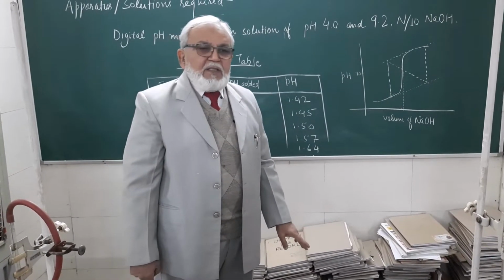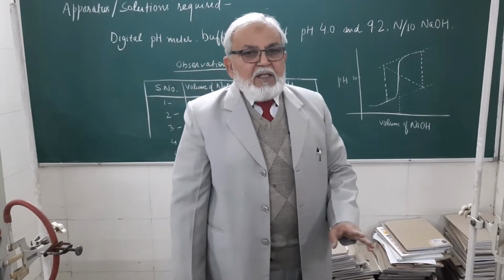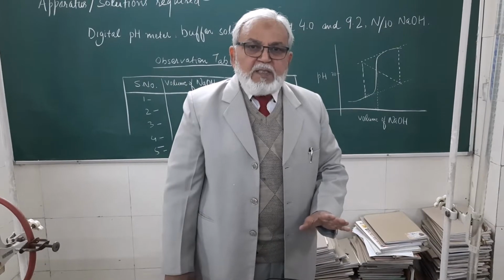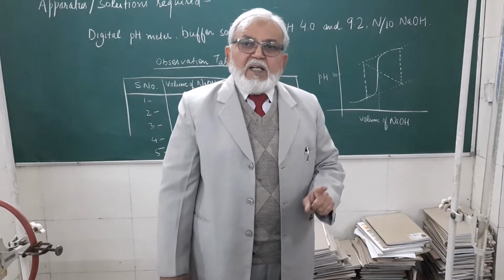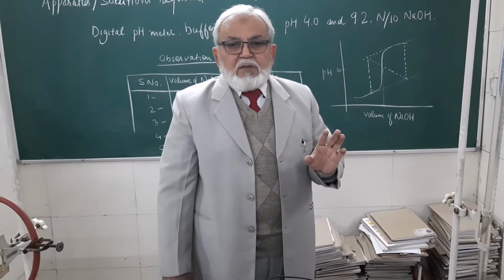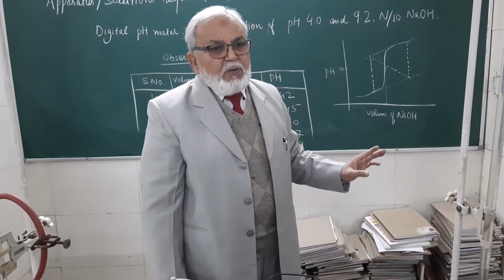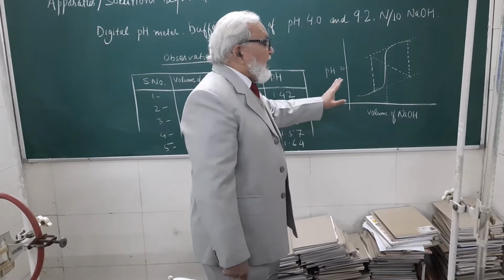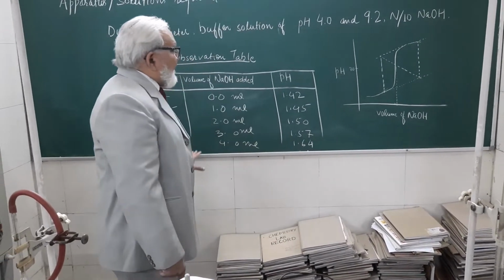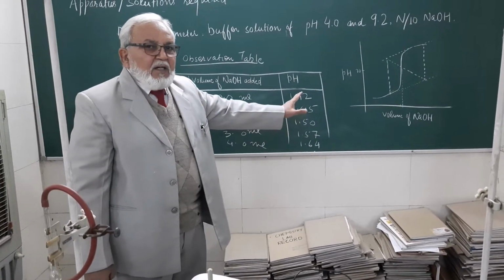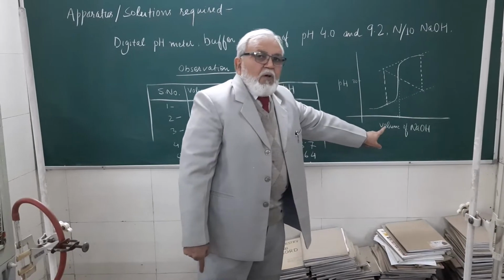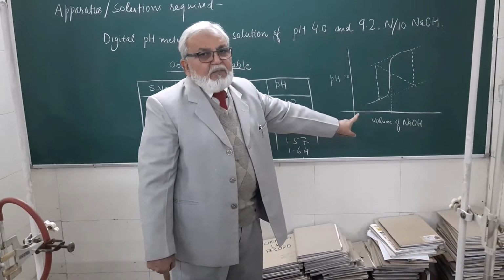And in basic medium, NaOH will again be added. Some readings will be taken there also, but you will notice that the rise in pH is not as sharp as it was near the end point. It will be rising slowly, and from these readings you will make a curve, pH versus volume of NaOH added.